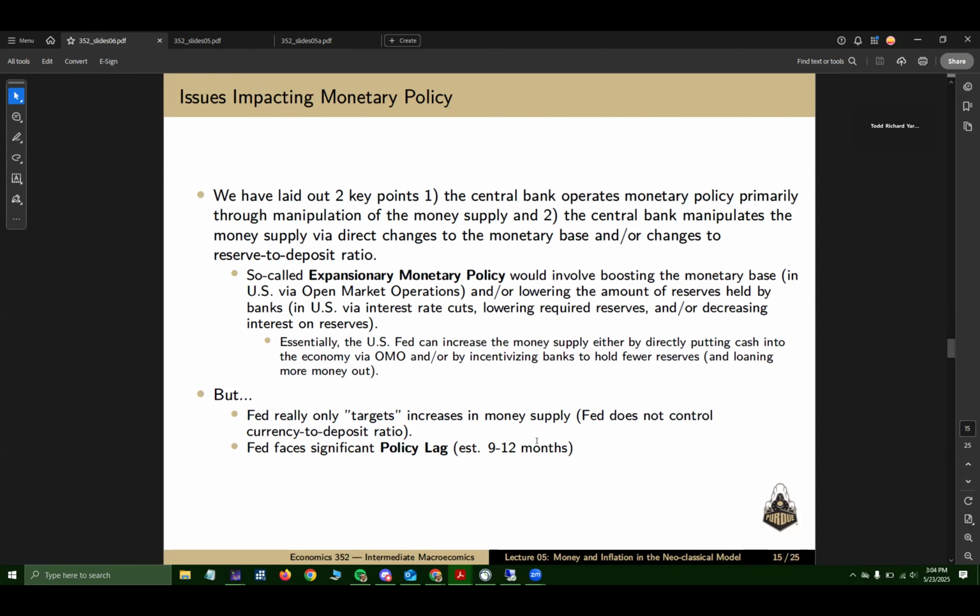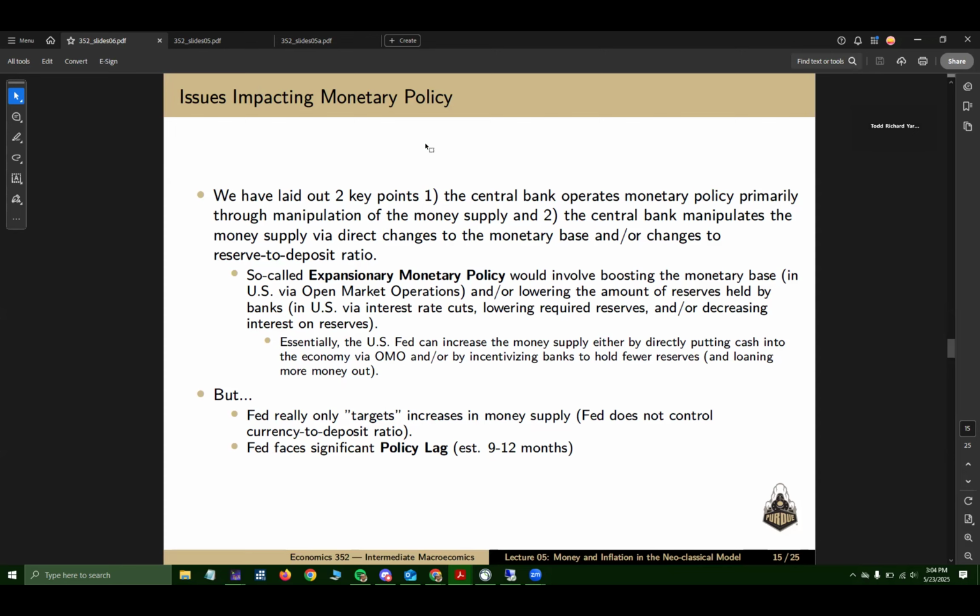The Fed's dual mandate is to have low, stable inflation and low unemployment. And so when we talk about monetary policy in the US, that is the way that we're typically going to frame it, within the context of the Fed's dual mandate.